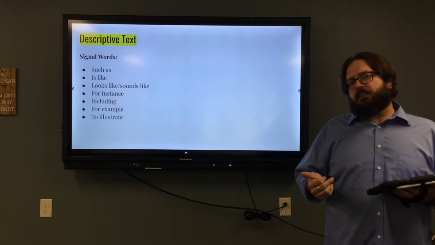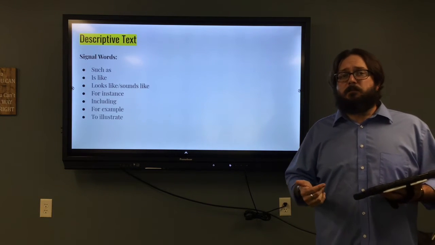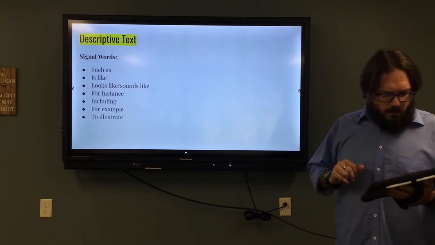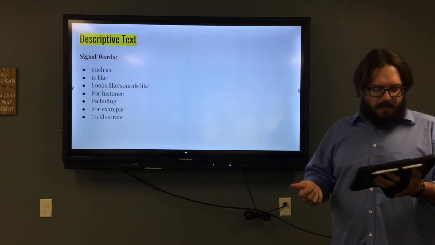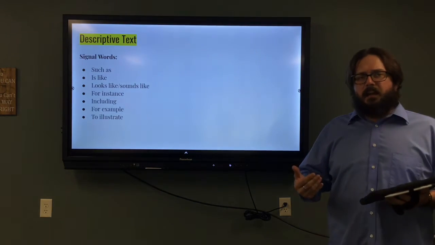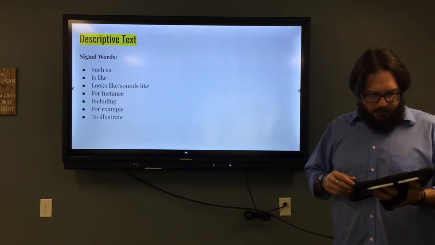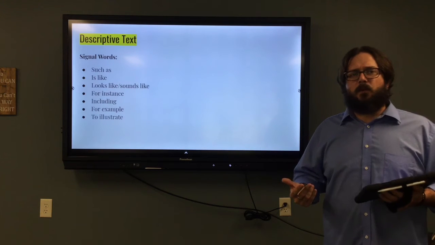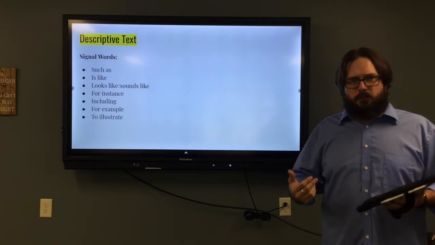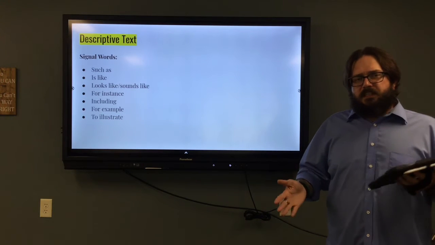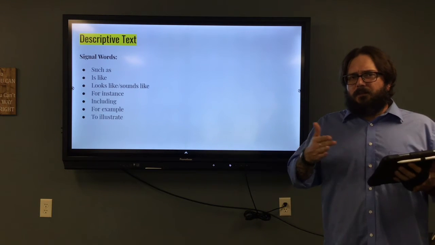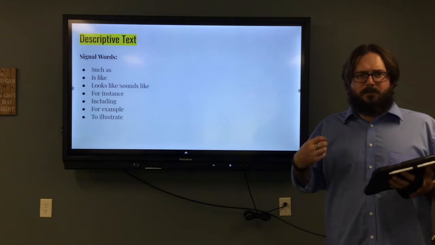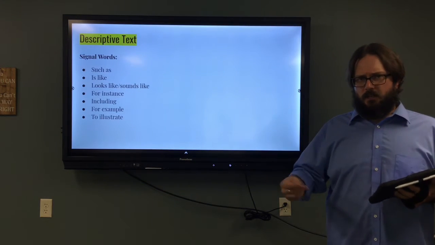These are by no means an exhaustive list, but some of the most common descriptive signal words that you will see are: is like, looks like or sounds like, for instance, including, for example, and to illustrate. When we see those key words or phrases, that will signal to us that the author is providing a description about the topic.